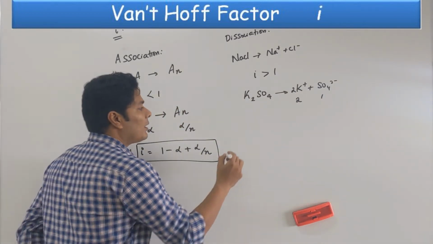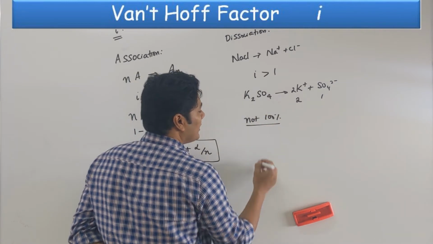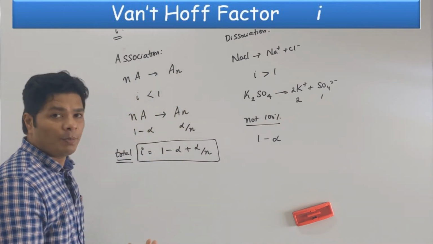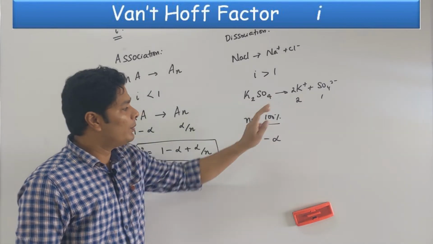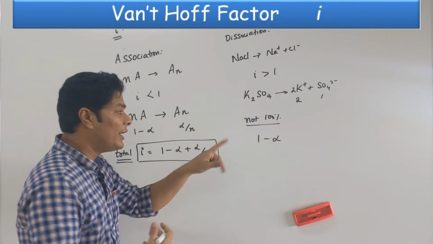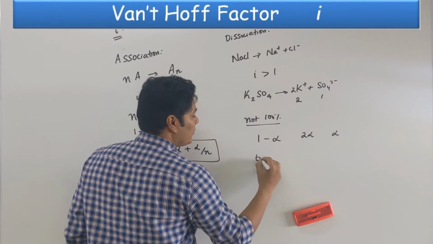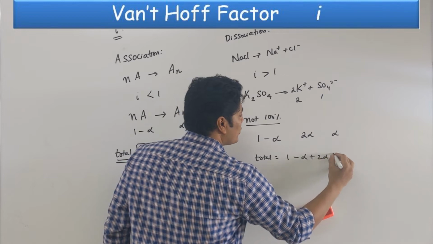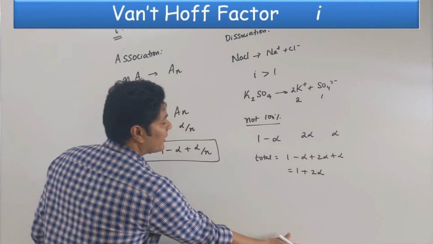What if it is not 100%? Then I can say 1 minus alpha. I don't know the percentage, they will give you the percentage. So 1 gives you 2, only alpha is being used up. So I'll get 2 alpha, and this will be alpha. So the total would be 1 minus alpha plus 2 alpha plus alpha equals 1 plus 2 alpha.